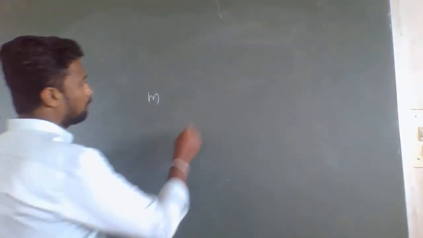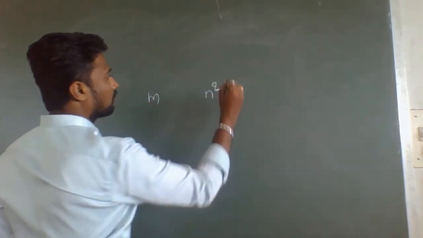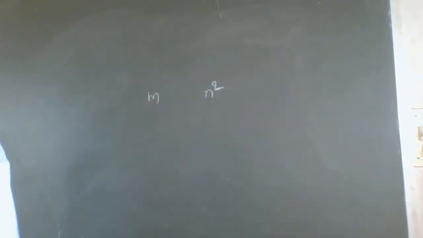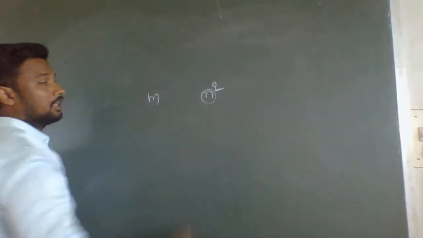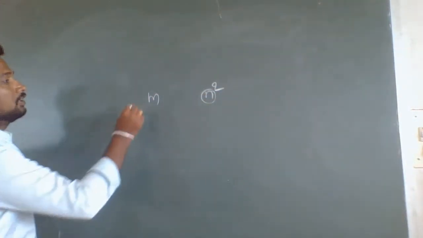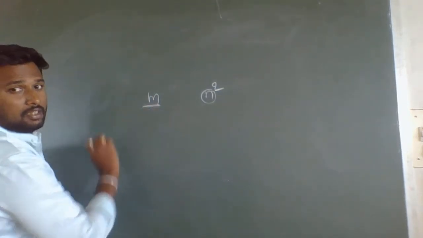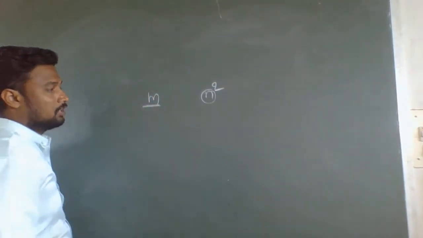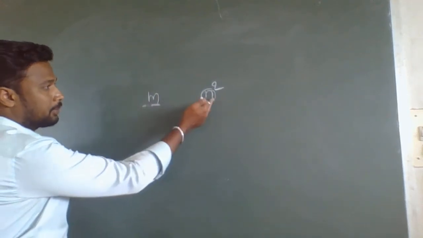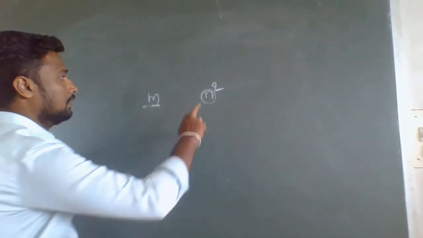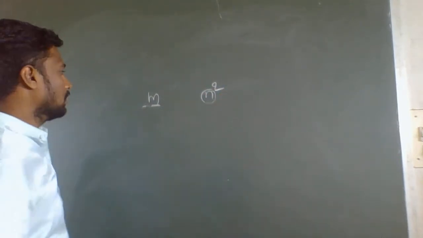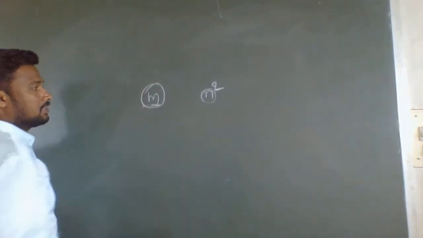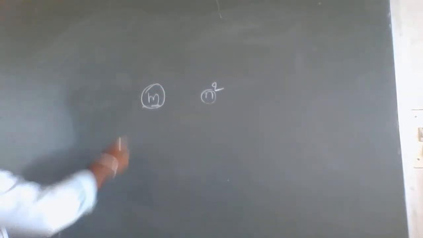If it can be represented in the form of n square, where this n is also a natural number, then this m is known as a square number. Listen carefully.